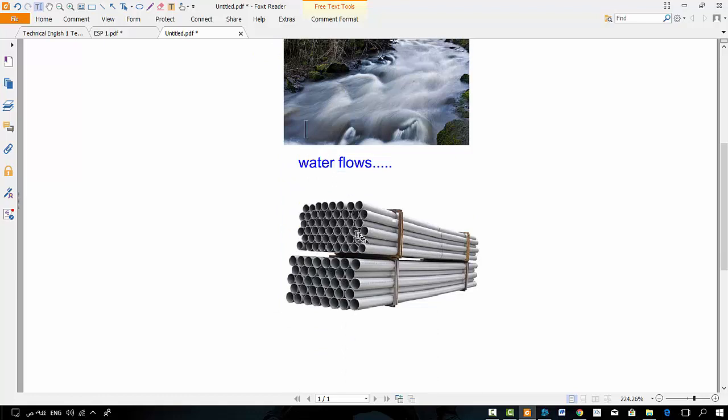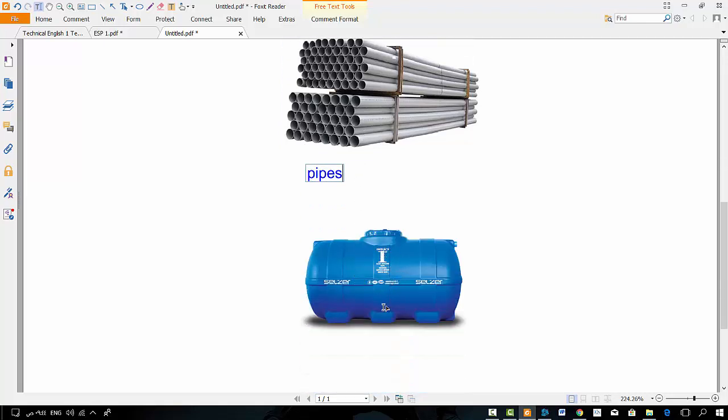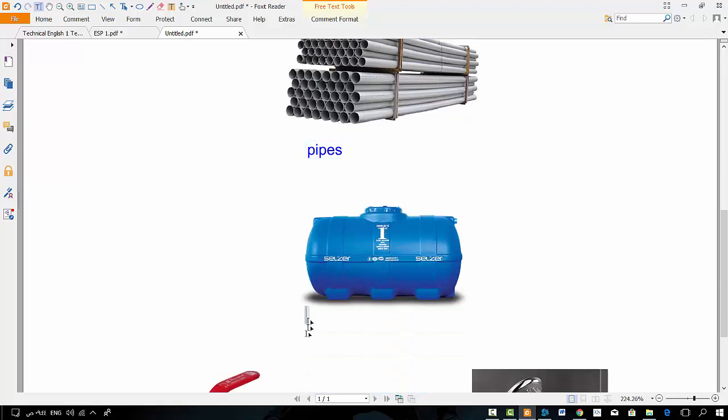What are these? Pipes. These are pipes. What's this? This is a water tank. Water tank.